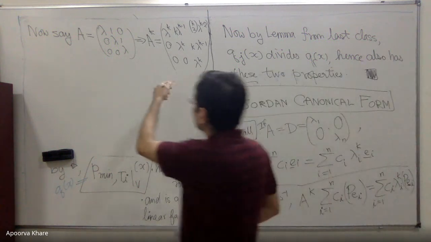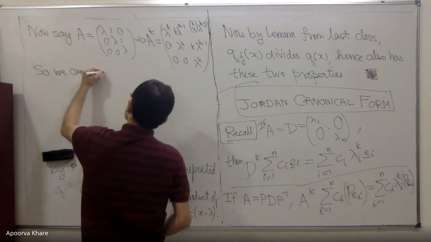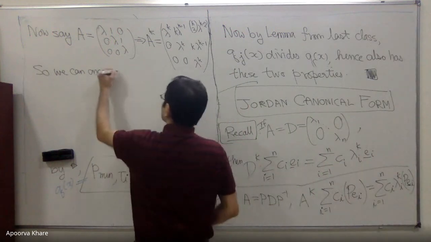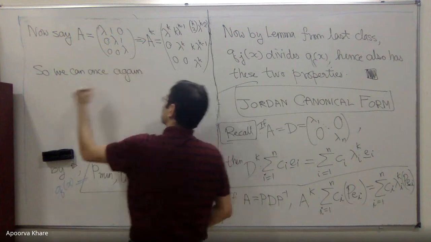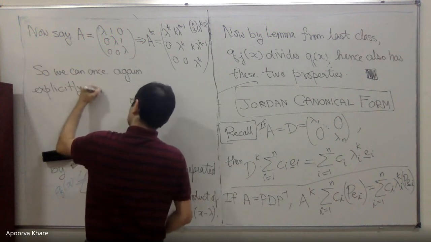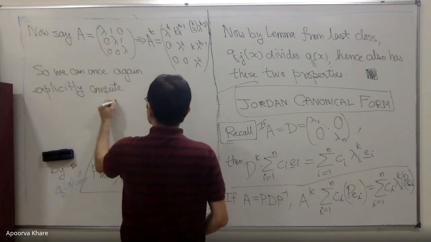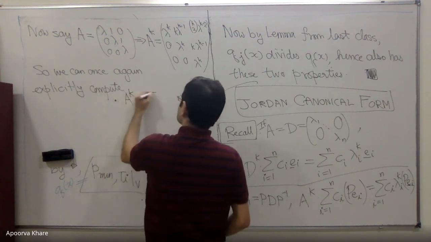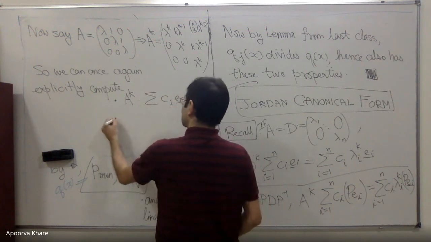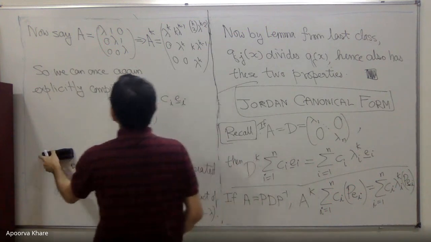And anyway, the point is, therefore, you can predict, once again, we can calculate exactly how this happens. Once again, explicitly compute either both of these expressions, one of them is of course A to the k times the summation of Ci Ei. But also we can compute P A P inverse.